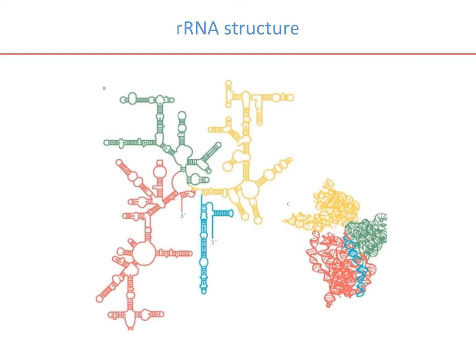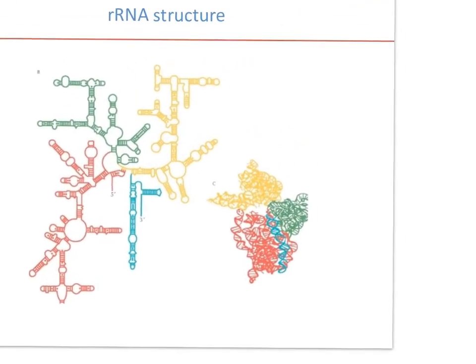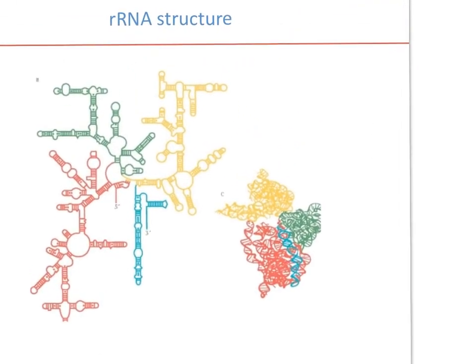What becomes really important is that the rRNA form these hairpin loops. This is important to the whole systematics of why we can study rRNA and why it's such a great taxonomic marker.